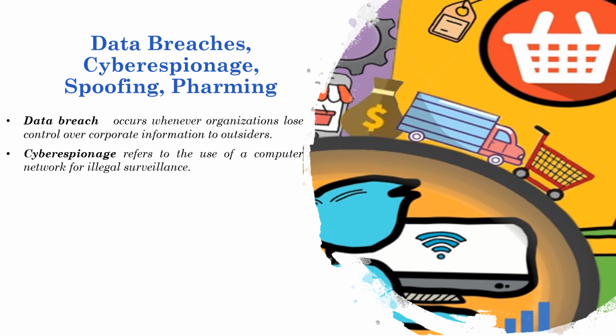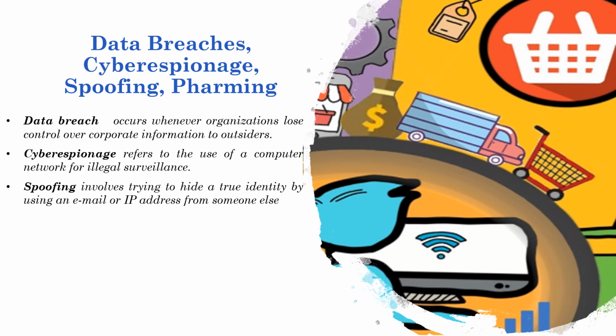Cyber espionage refers to the use of a computer network for illegal surveillance. Espionage means obtaining secrets without the knowledge holder's permission. Spoofing involves trying to hide a true identity by using an email or an IP address from someone else.